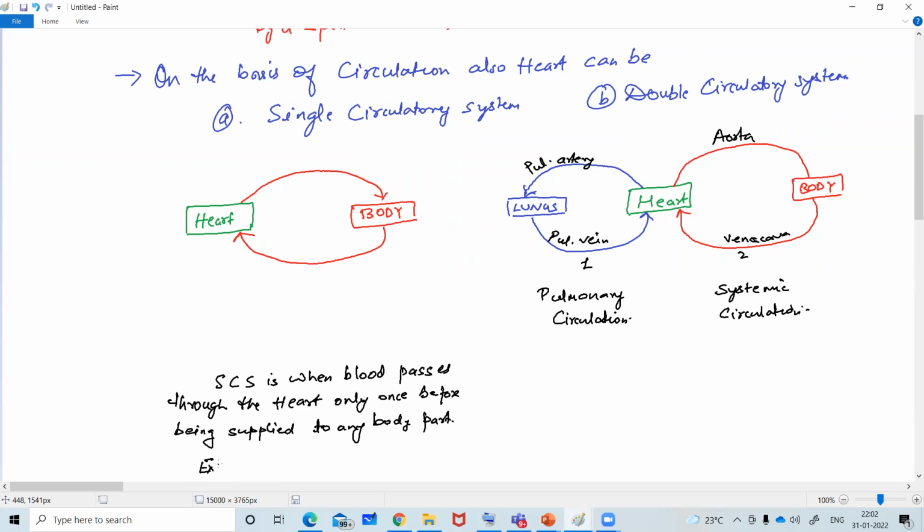Example, any idea? Example is fish. Fish is the very basic example which shows single circulatory system.